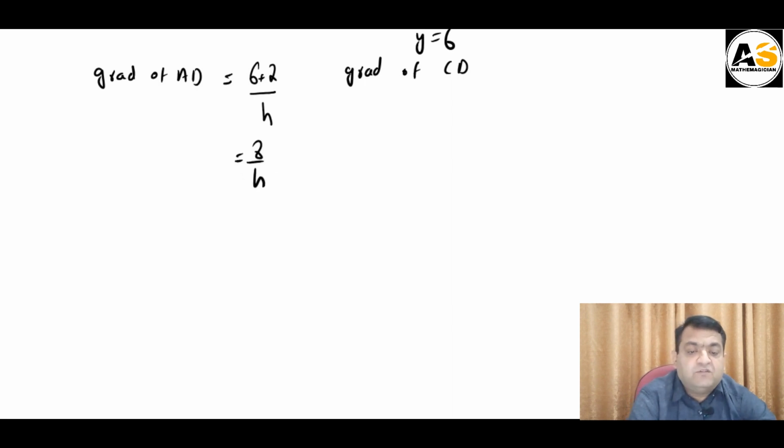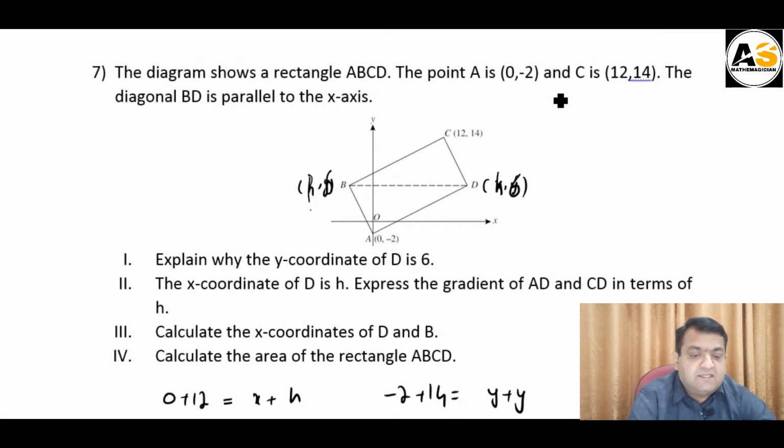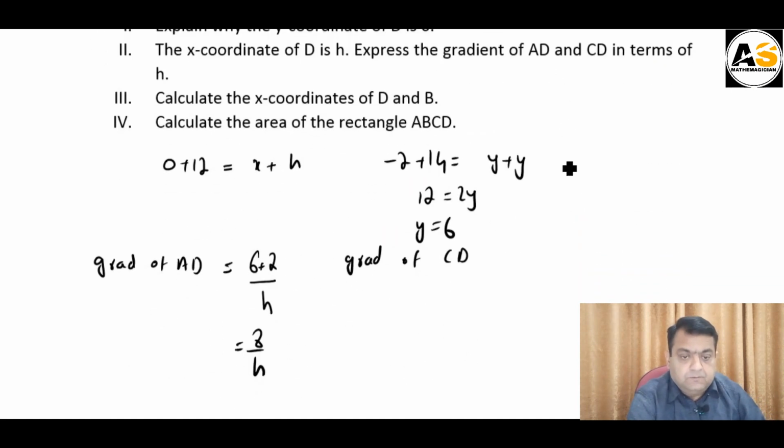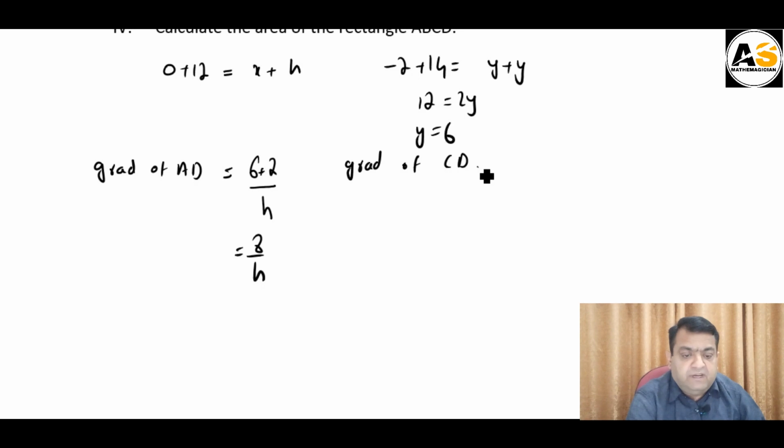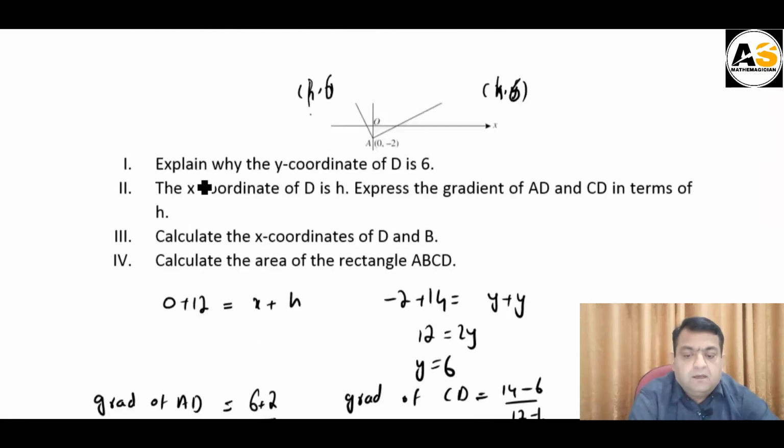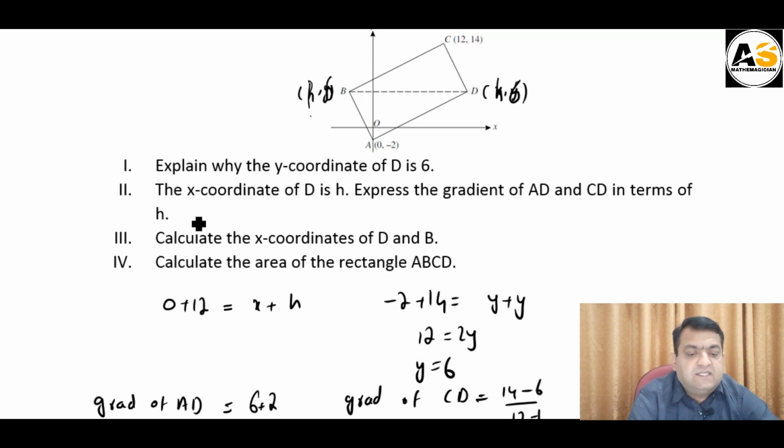What will be gradient of CD? 14 minus 6 over 12 minus h. This will be 8 over 12 minus h. Hope this is clear. So we have expressed the gradient of AD and CD in terms of h.